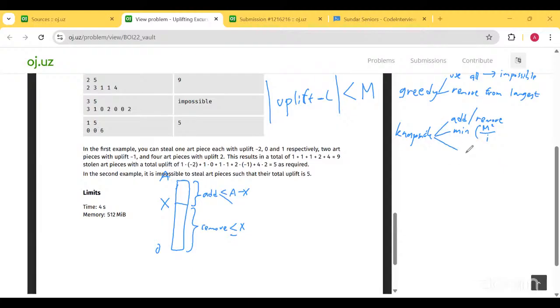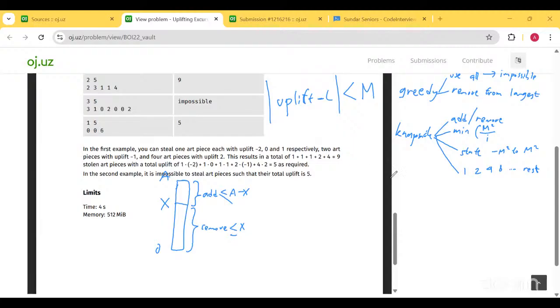And then we can make the state from minus m squared to m squared. And then we can split the items into 1, 2, 4, 8 parts, and then the rest, right? It will make it smaller.